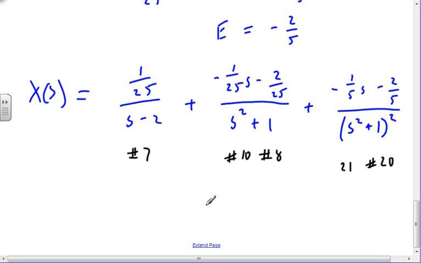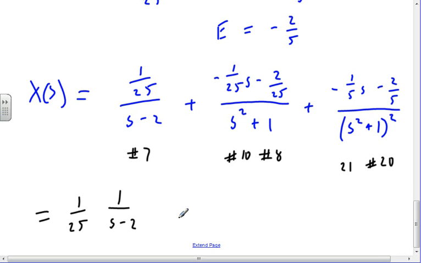Alright, so that's what we're going to do. We're going to manipulate it to make them look like those things. I want a 1 on top, so this is going to be 1/25 times 1 over s minus 2. Now I look at 9, 8 and 10.